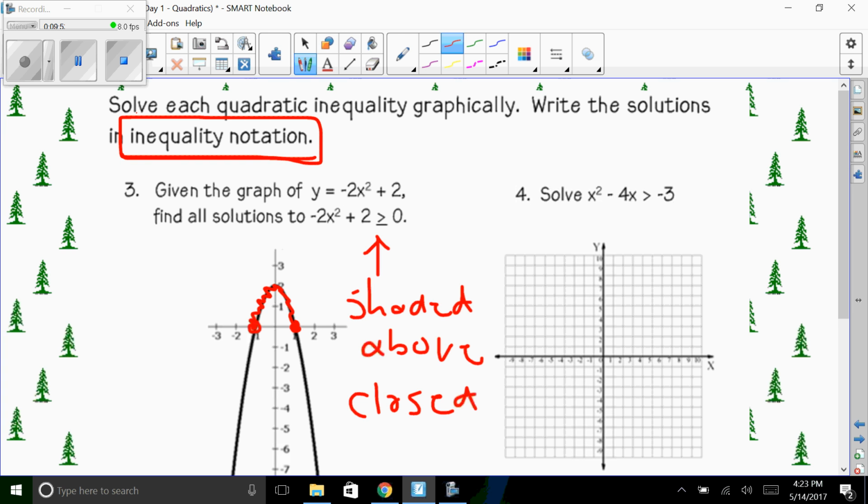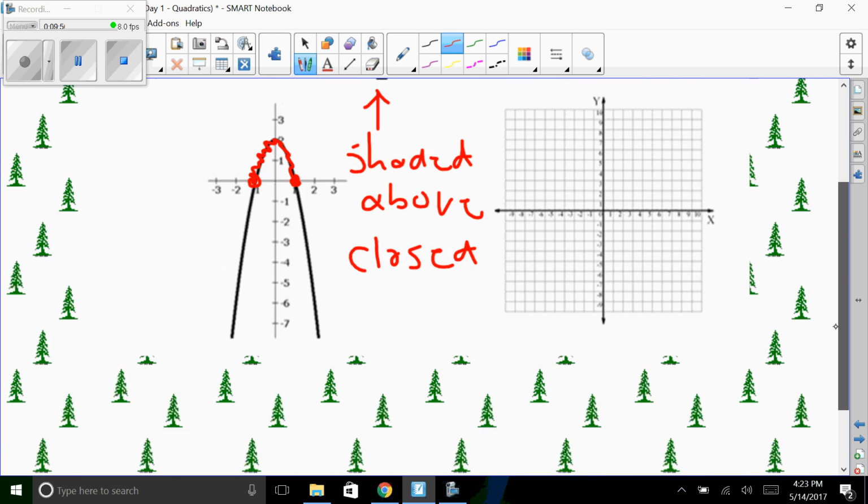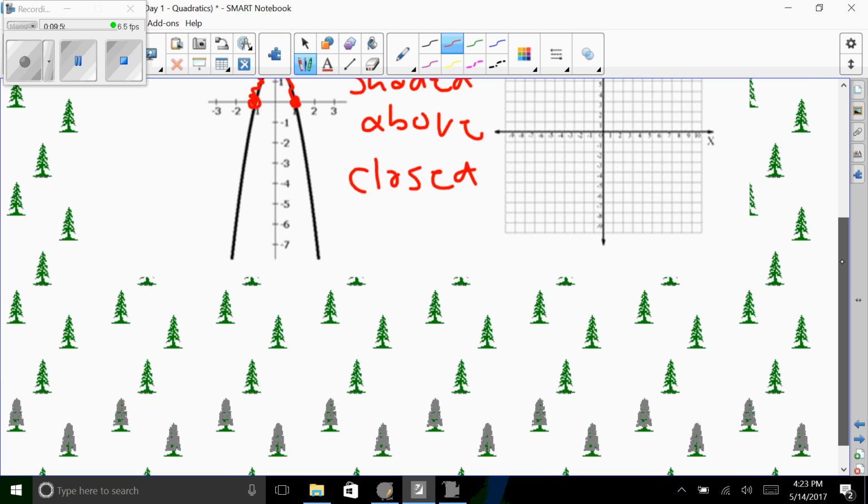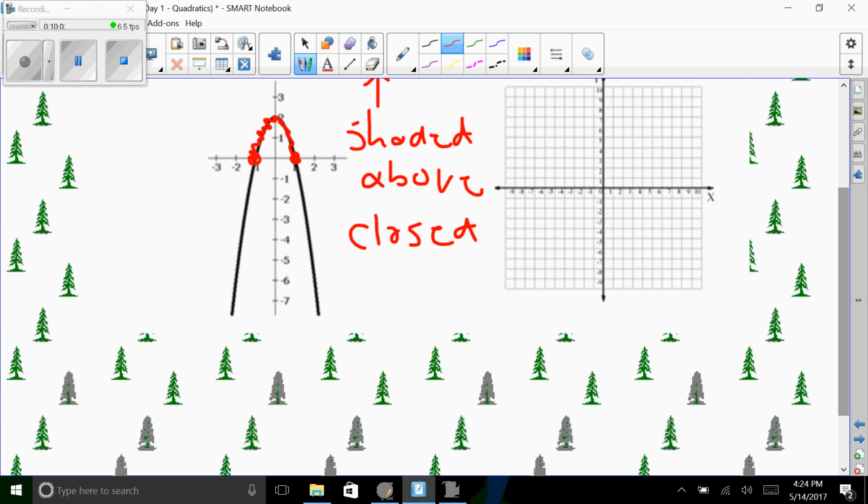So be careful when you're doing these. Read the question carefully. Now these answers are slightly different. I mean, they say the same thing, just written differently. All right, so this goes from -1 less than or equal to, because there's a solid circle, x less than or equal to 1.